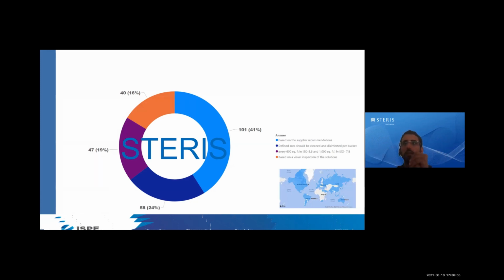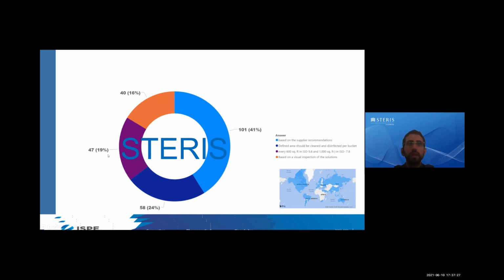So if we look at the practice, we have 41% that generally define the change out of their bucket based on the supplier recommendation. So I really hope that in that case, the supplier went on the floor, looked and visualized the process to be able to say after how many square meters, for example, you have to change your bucket with a new solution. Others, 24%, look at a defined area, that is, they have defined a specific area, for example 20 square meters, to be cleaned and disinfected per bucket.